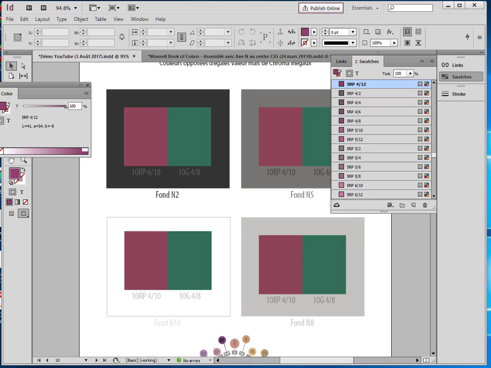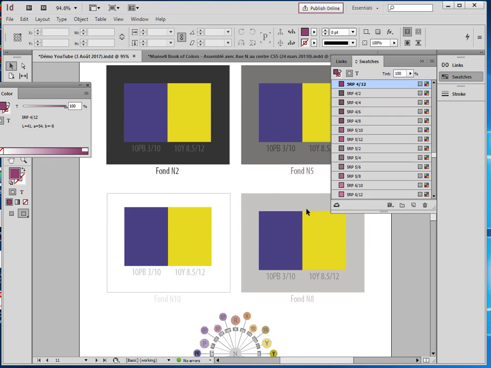Again, another page, and a couple more dyads. These two, see, it's interesting because I'm opposing the purple-blue. I'm opposing a very low value with a very high value. The chroma is unequal. There's a difference of 2.